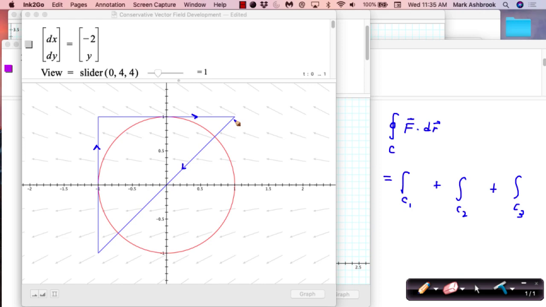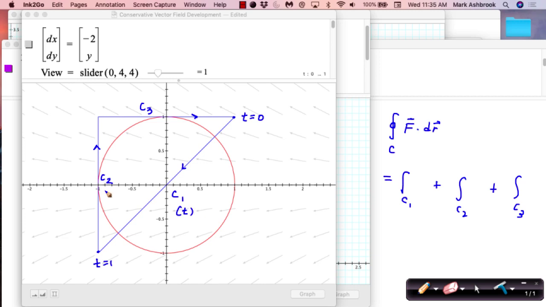And then for something like this, on this diagonal, just to keep it straight, this is say C1, and this is C2, and this is C3, and you could use a different variable in each. So for C1, you could use t.